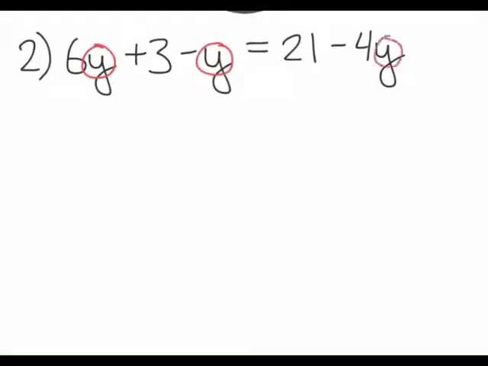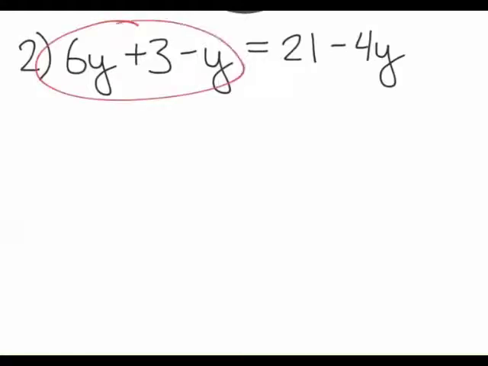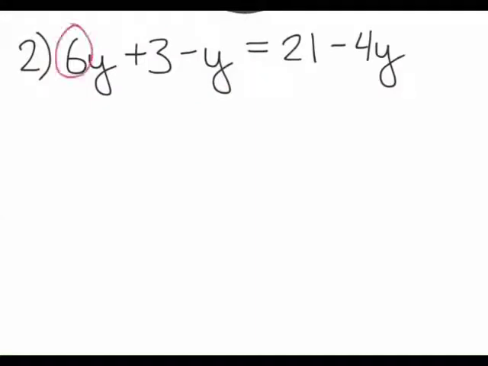First of all, on this side of the equation, we can deal with the 6y and the minus y in the same exact way that we did in the last problem. We can simply take the 6 minus what? What does this mean over here?